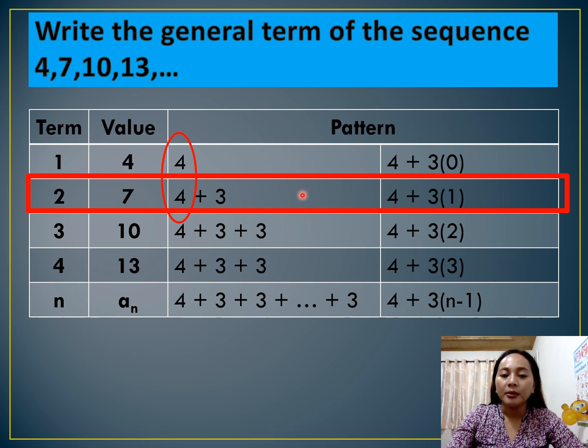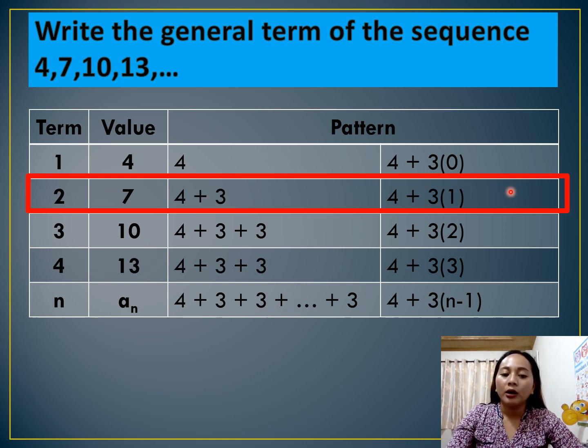Plus 3 because, as we have observed on this sequence, the first term is just added by 3 to have the second term. And that leads to this part of the table, 4 plus 3 times 1. Why 3 times 1? Because 3 is added to 4 and there is only 1 three.